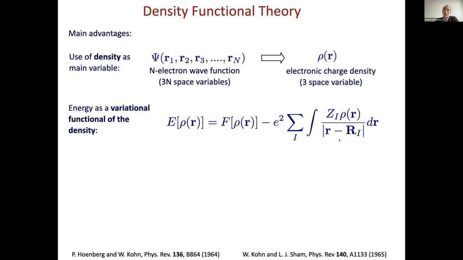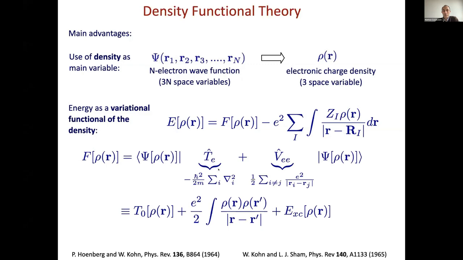And in particular, we write it as the interaction of the electrons with an external potential. Here I've put simply the Coulomb interaction, attraction to the ions of our system, plus a universal functional that, of course, is the expectation value of the kinetic energy operator and the electron-electron repulsion operator over the many-body wave function that is also a functional of the density if you represent the ground state.